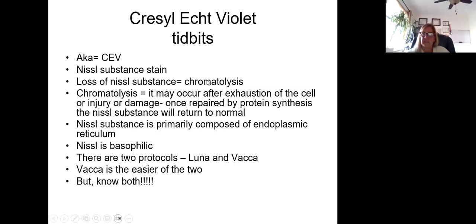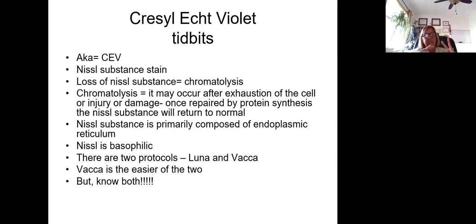Chromatolysis, loss of Nissl, is chromatolysis. Yeah, and chromatolysis occurs when exhaustion of a cell happens due to injury or damage. Once repaired by protein synthesis, the Nissl substance can return to normal. Yeah.